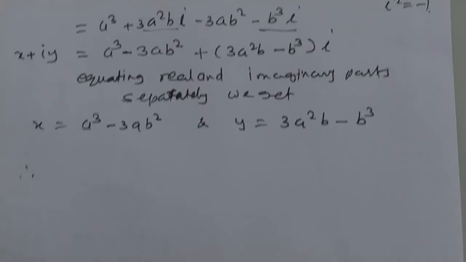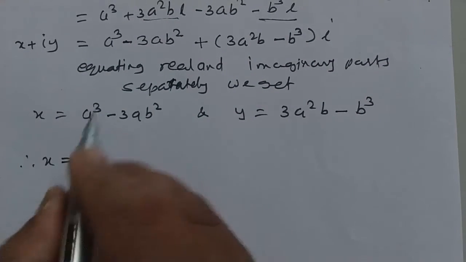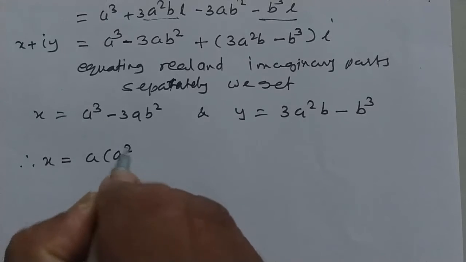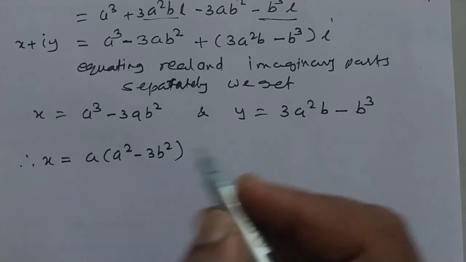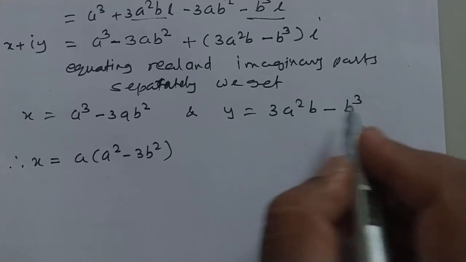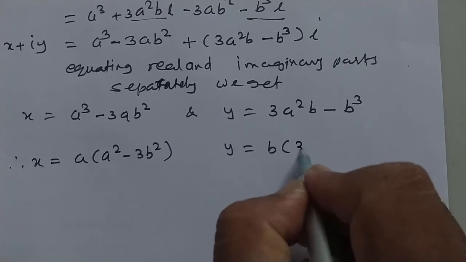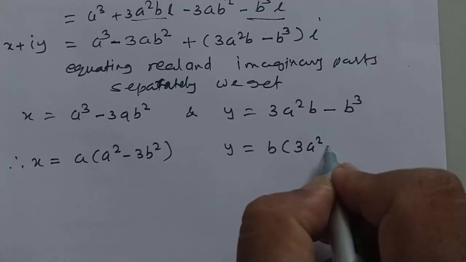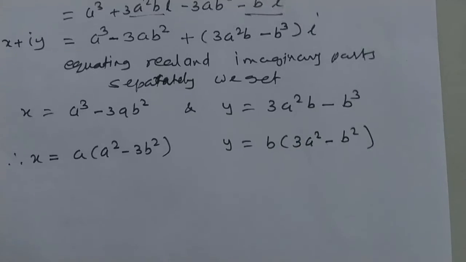Therefore, we can take a common, so x is equal to a into (a squared minus 3b squared), and taking b common from the other expression, y is equal to b into (3a squared minus b squared).